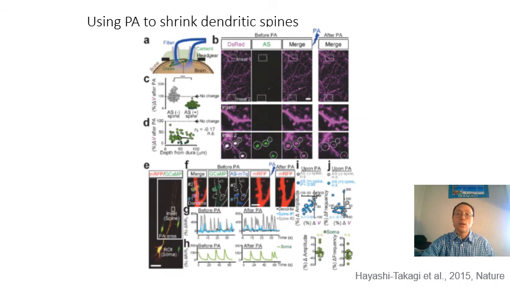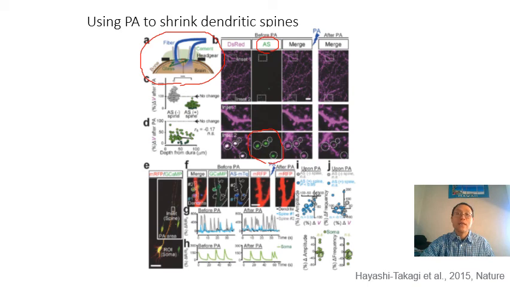Okay, so in this study, what they did is they used this photo activation of RAC. This is a small protein that resides only in dendritic spines. And then what they can do is photo activation. That's what PA stands for, photo activation of something. And then what they found is that before, you can see that this basically picks out all of these new dendritic spines.